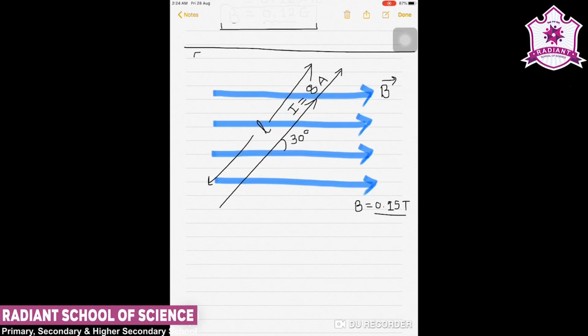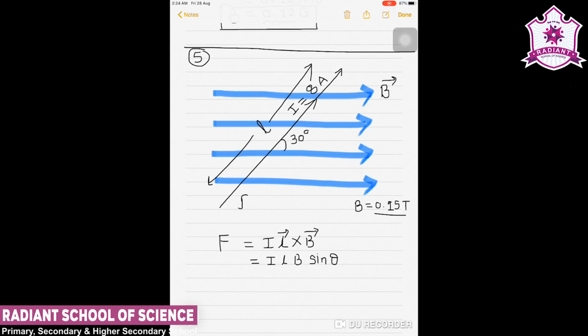In this question we have to find out force, and for that we have one simple equation, that is F equals IL cross B. Now I will use this equation by simplifying it: I L B sine theta. In this equation we are provided all the things: magnetic field is 0.15 Tesla, length is not given, but we have to find force per unit length.